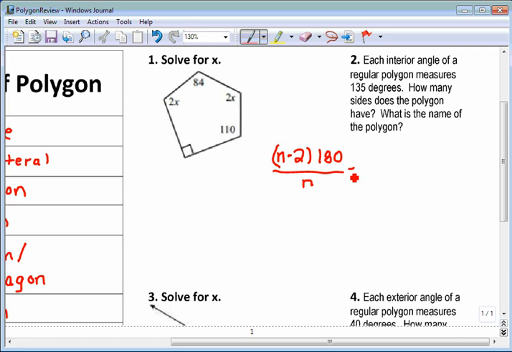And so I know that in this case, this is going to equal 135 degrees. So I need to solve for n. There's more than one way I could do this. I'm going to set this over 1 and then cross multiply.